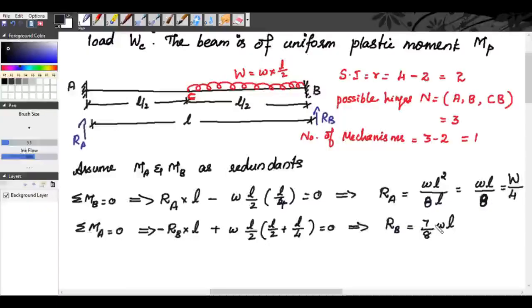Is it correct? WL by 8. So we will get total is W into L by 2 minus WL by 8.